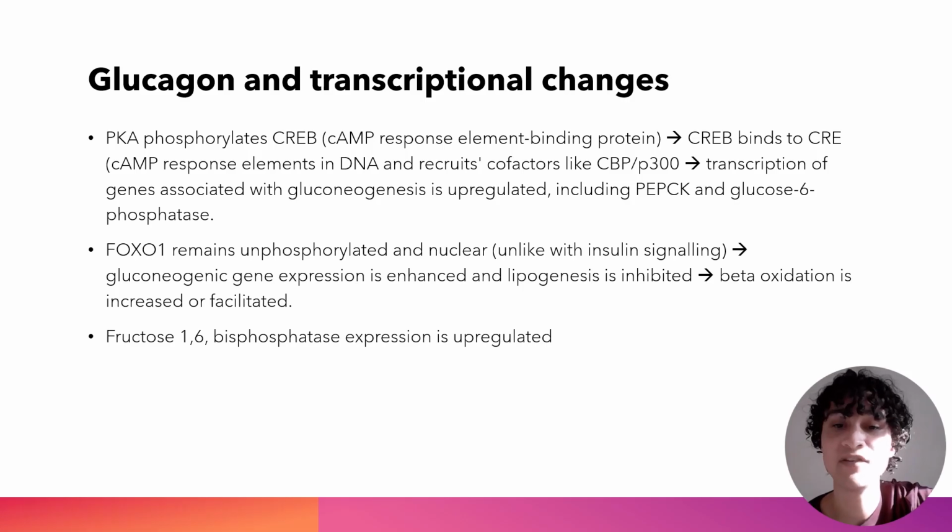And of course these transcriptional shifts, these changes in gene expression and enzyme expression, facilitating, say, lipolysis or beta oxidation, gluconeogenesis, glycogenolysis, and then suppressing lipogenesis, suppressing glycogenesis, kind of make sense when you're looking at what the goal of the body or what the goal of the cell is. It kind of makes sense.